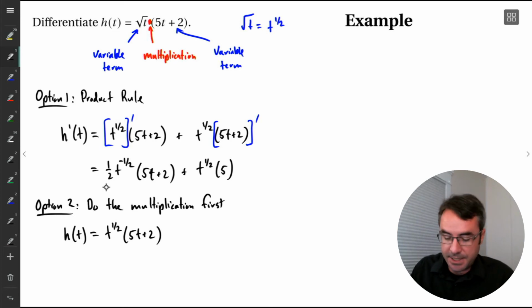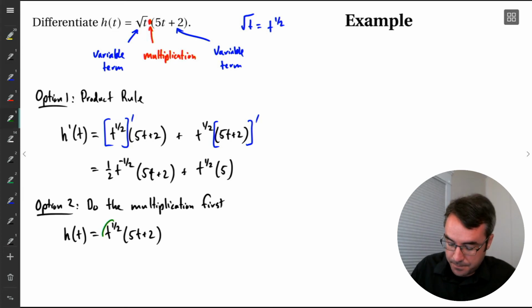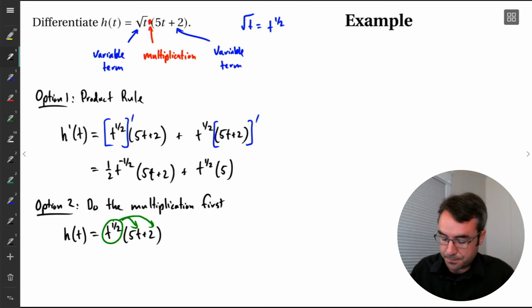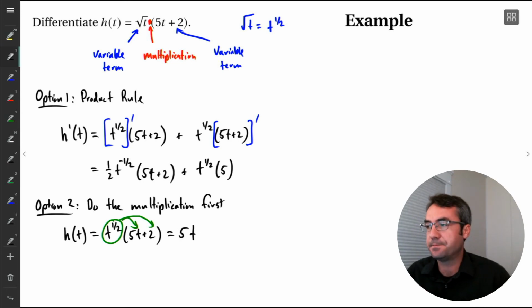So we're going to take this t to the 1/2, and we're just going to distribute it. So it's going to go to the 5t, and then it'll also go to that 2. So when we do that, we get 5t, and when we multiply powers of t together, we add the exponents. So we have a 1/2 here, and then there's kind of a hidden exponent of 1 here.